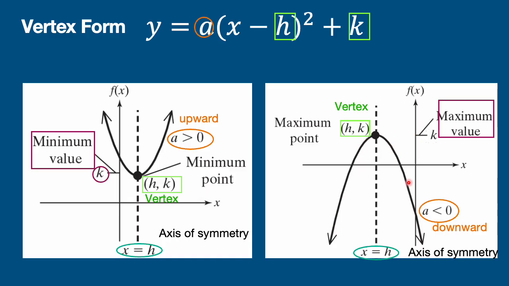All the graph goes down, right? So the y value of the vertex is the maximum. Guys, remember that the maximum and minimum are y values. Also, the minimum or maximum is determined by the sign of the leading coefficient.